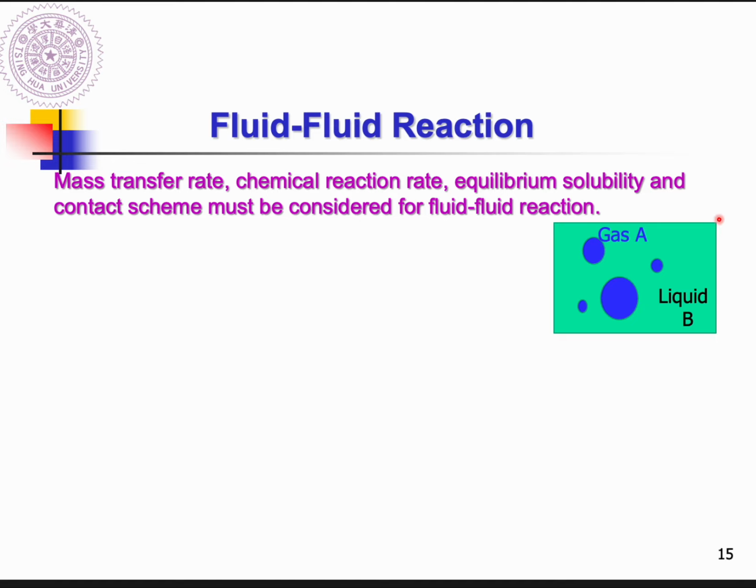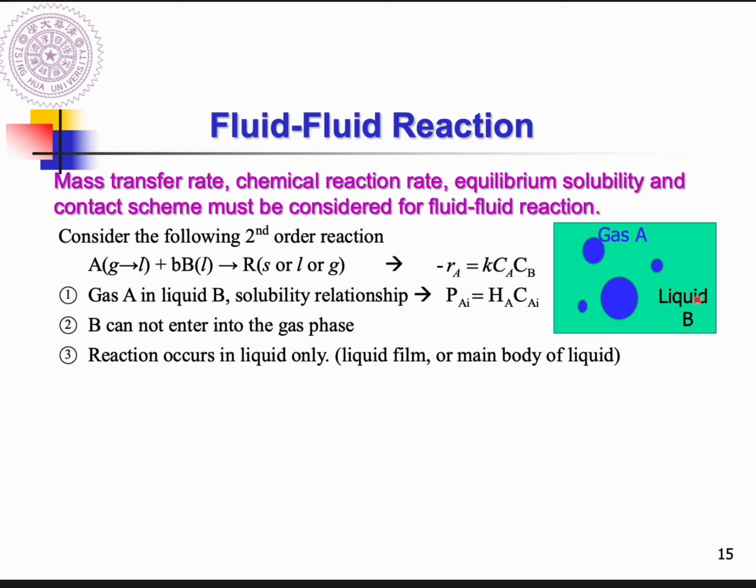The example people always mention is something like this. When I have a reactant gas A bubbling through liquid B, gas A reacts with liquid B. When you try to answer what the consumption rate or rate equation is for this gas-liquid reaction, we need to make an important assumption. Here we assume the reaction is second order.